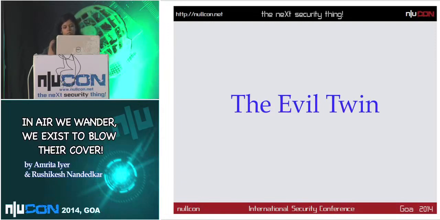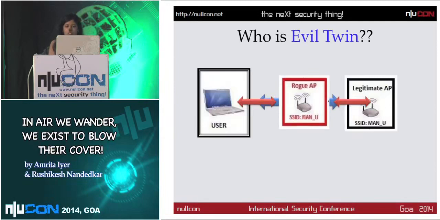Let's let the picture do the talking instead of any verbose output. Here you can see a user connecting to a legitimate access point with an SSID called manu. The blue link shows that this is a trustable source. It shows a trust that this connection is not vulnerable, presumably. Now just see the difference.